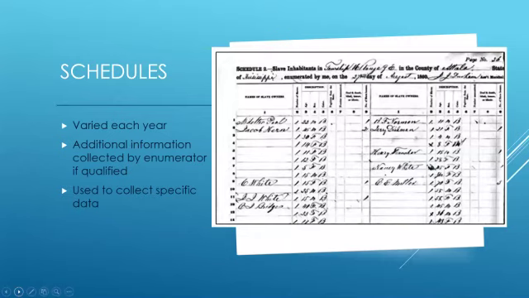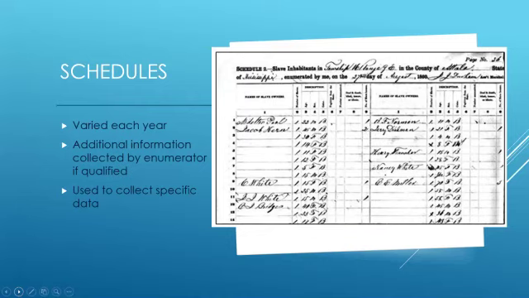So, talking a little bit more about schedules. They varied each year. I have a picture here of the slave schedules, and this was from the 1800 federal census. What they wanted to know is the head of household's name, and then the number of slaves and the ages and their sex.